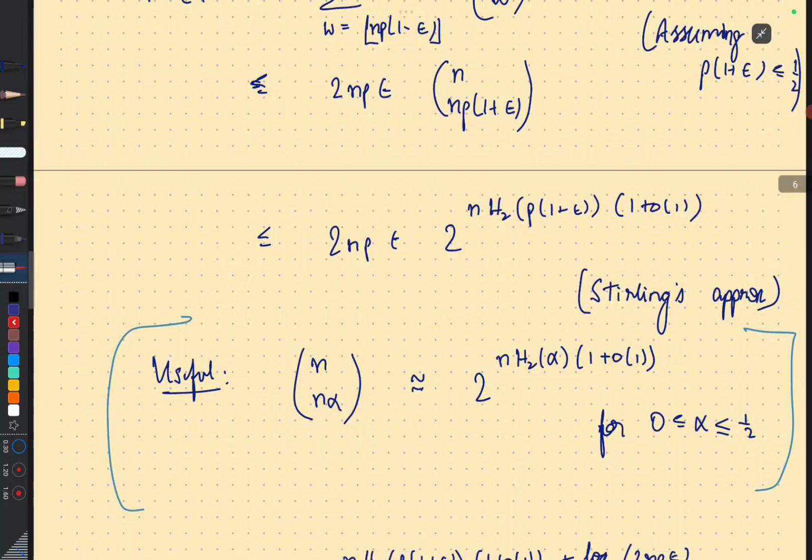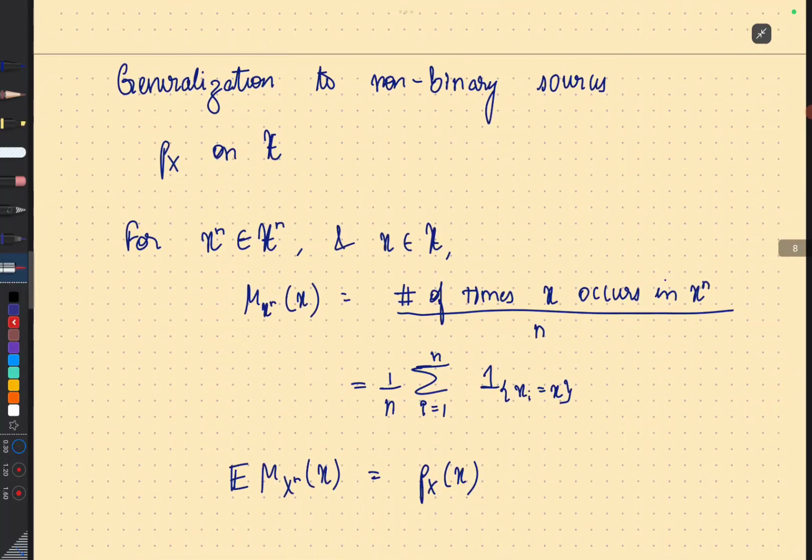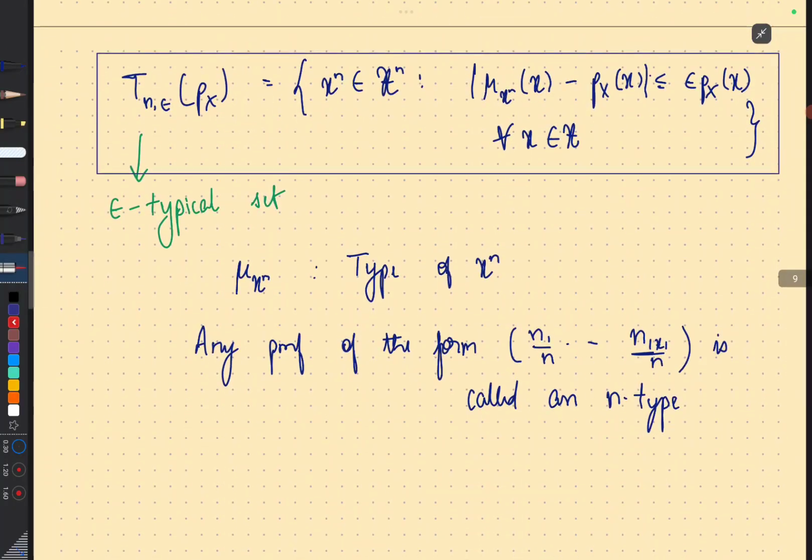But then we saw another compression scheme which operates in the following manner. So we first construct this epsilon typical set, which is the set of all n length sequences for which the empirical frequencies are all close to the probabilities of the corresponding symbols to within an epsilon. All right. So using this particular notion of an epsilon typical set, we can construct a compressor in the following manner.